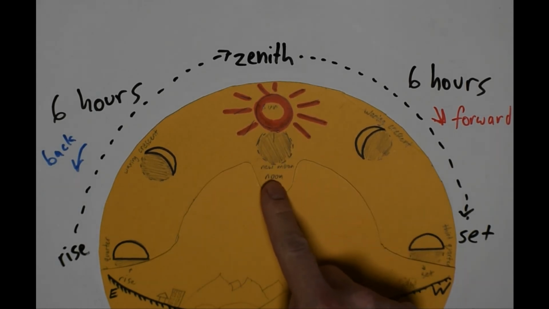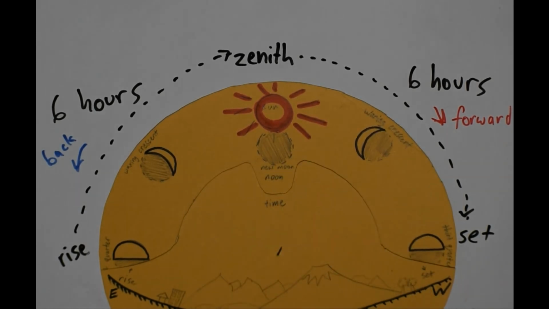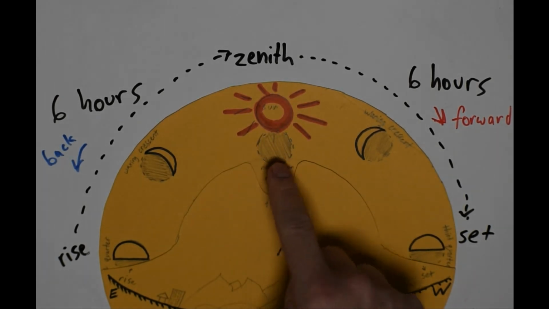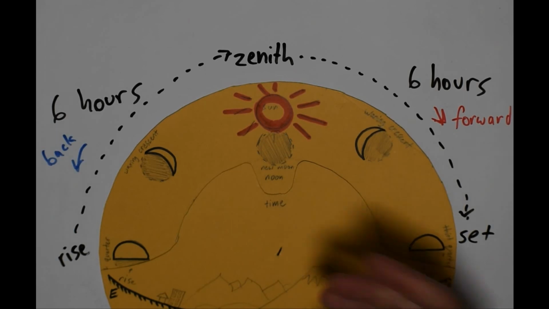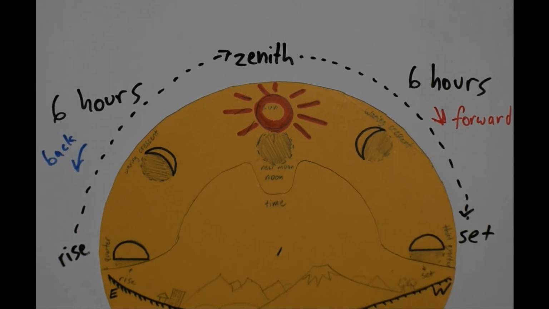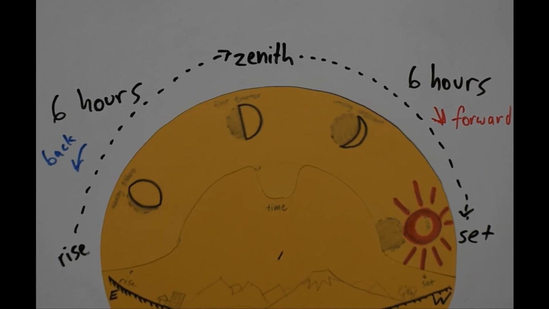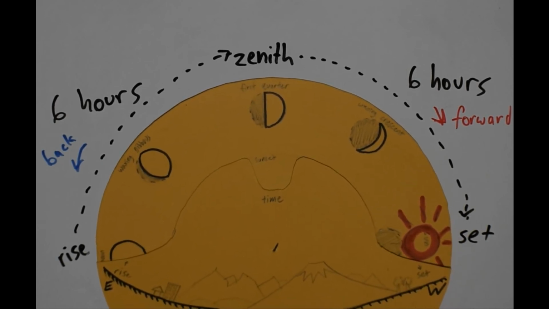Remember, we can't see the new moon because it's facing completely towards the sun. So the new moon and the sun have the same time. So when does new moon set? New moon sets at the same time as the sun. So new moon sets at sunset.